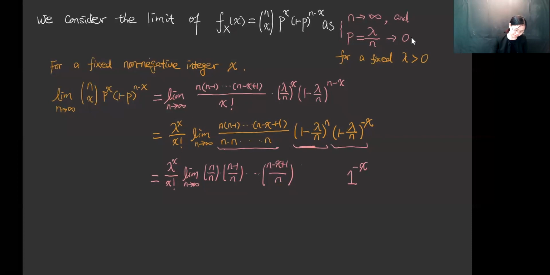And for this part, the second part, I'm going to claim that it equals a number, and I will explain that number right away. So the limit of all of these terms is 1, the limit of this term is 1. And the limit of this term, I will claim that it is a mathematical constant, e to the power minus lambda.